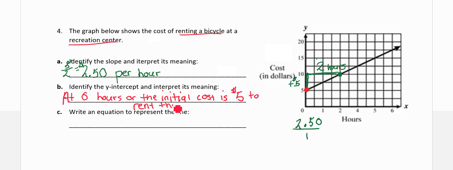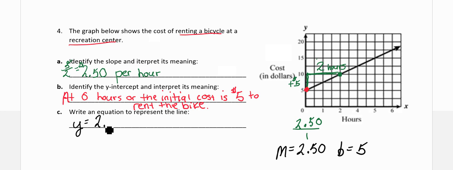So we pay $5 and then we pay $2.50 per hour. So to write this as an equation, knowing that my m is $2.50 and my b is $5, I'll have y equals 2.50x plus 5.